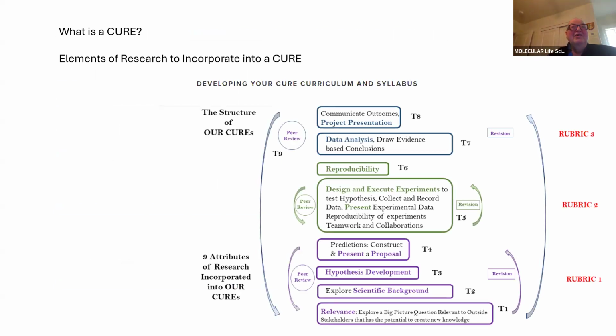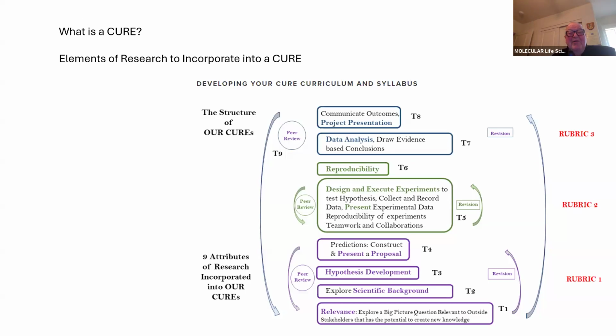So you have sort of seen this, because Tam's version was more or less the same as this. You'll notice that there are so-called 9 elements of research laid out in this particular one.